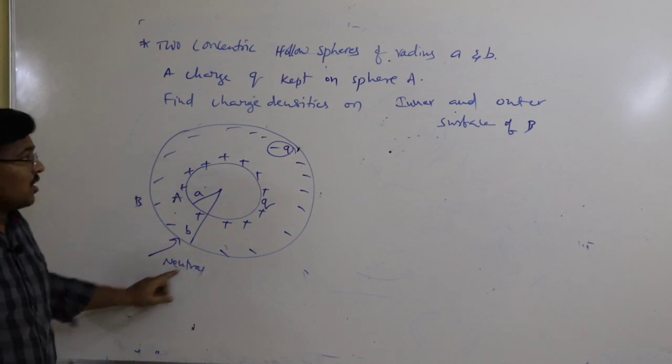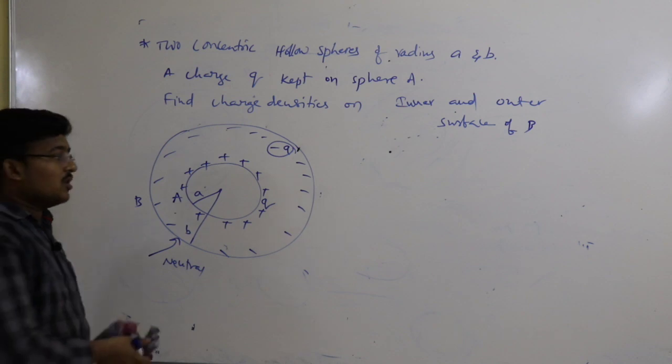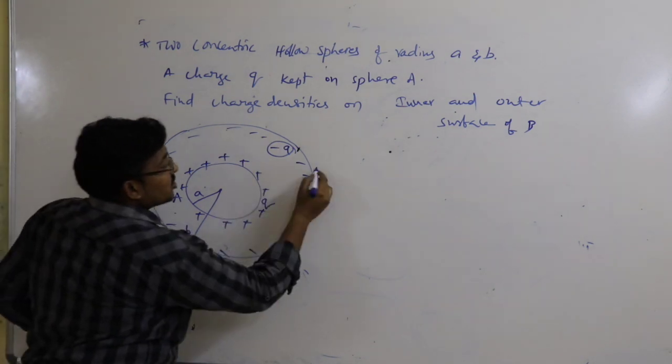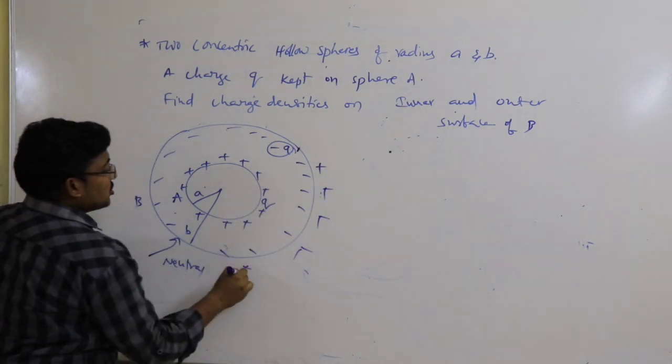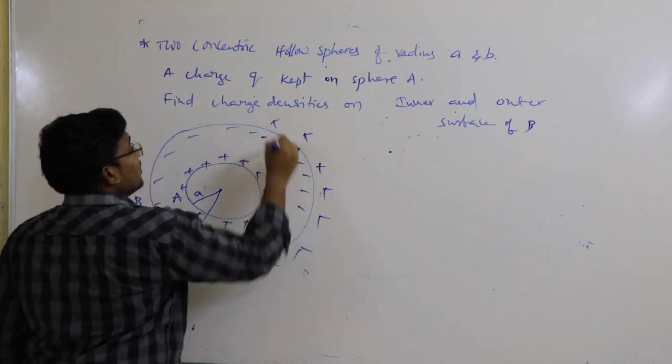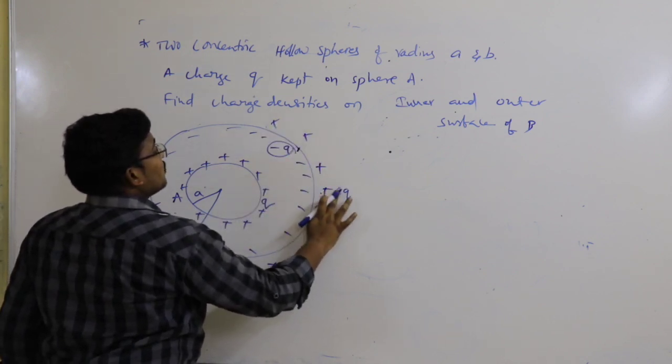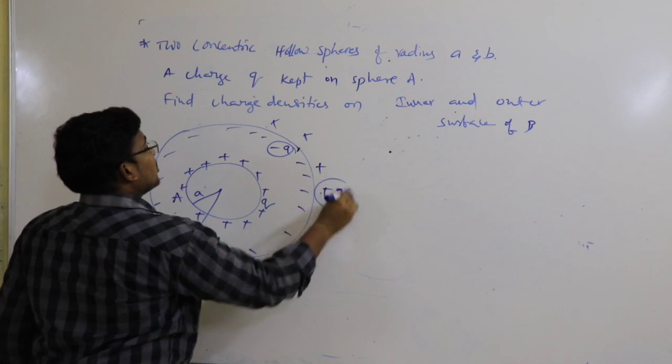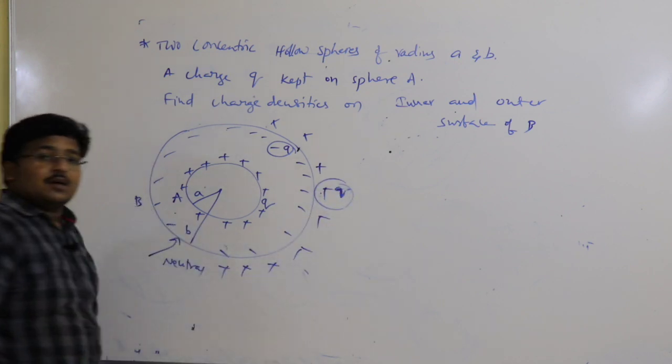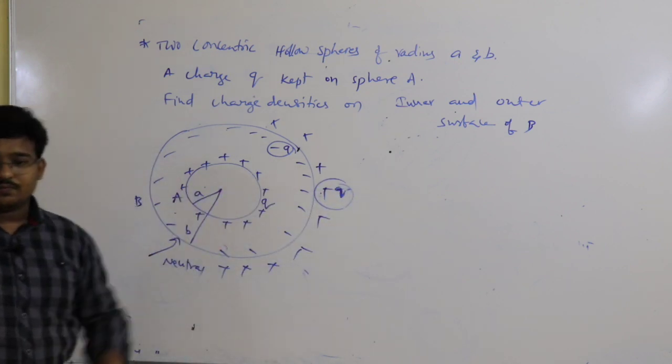Neutral means zero charge. Already minus Q is induced on the inner surface. Now what is the charge on the outer surface? The charge on the outer surface will be plus Q, because the sum is again 0.